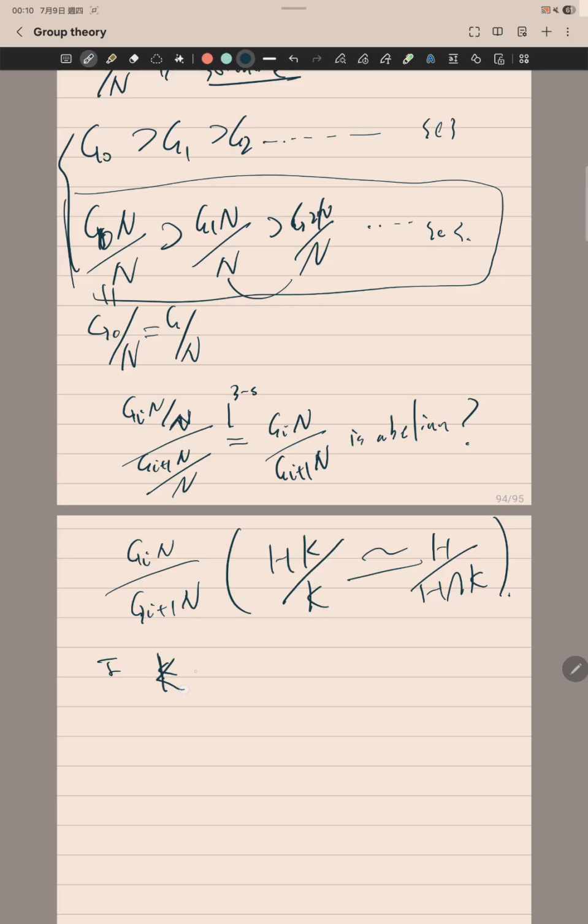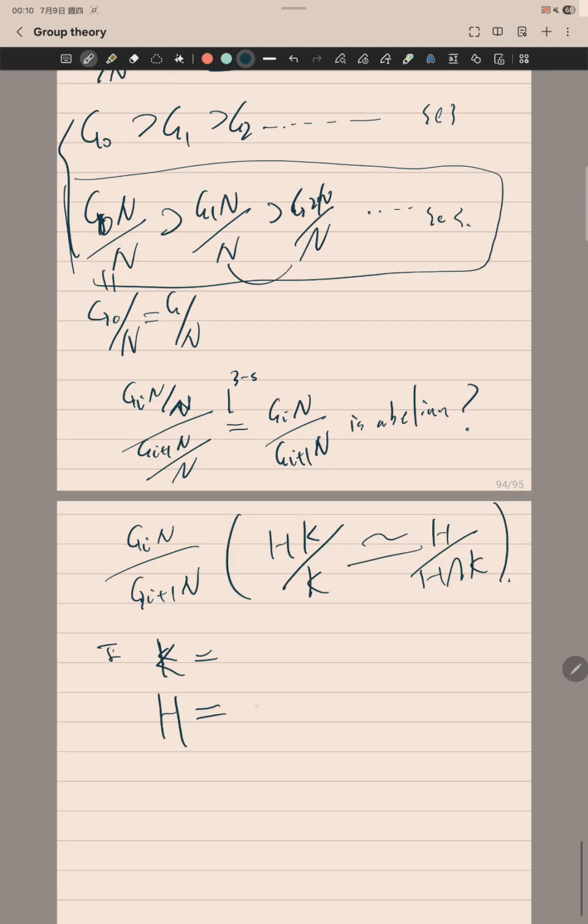I pick H first. Let's say I pick H to be G_i, and K to be G_{i+1}N. This is my guess.